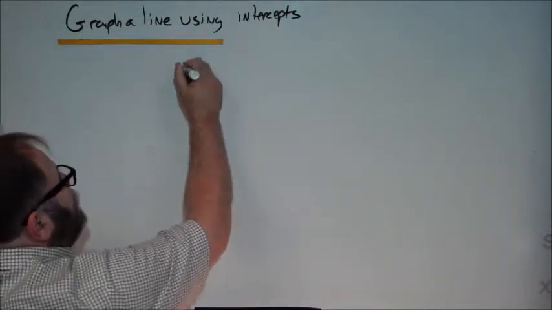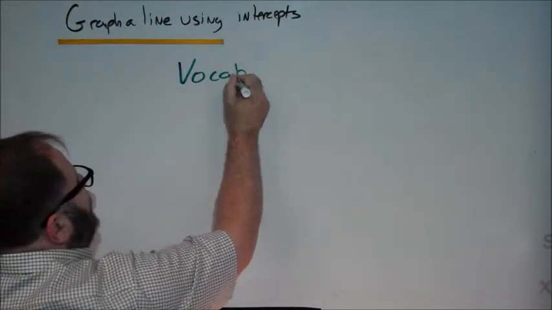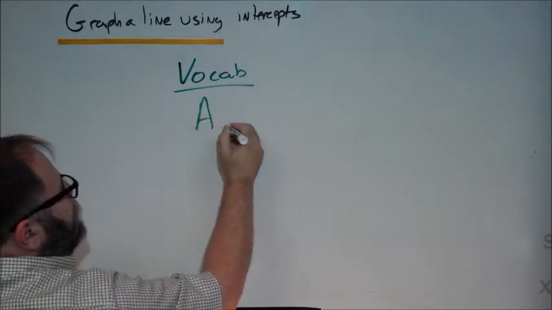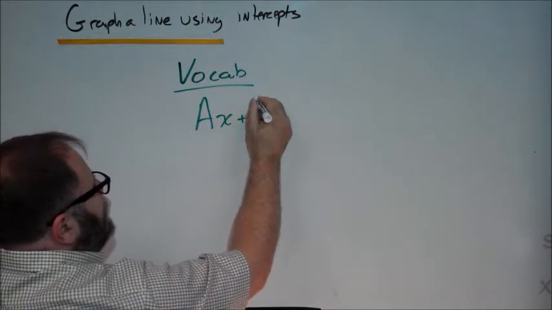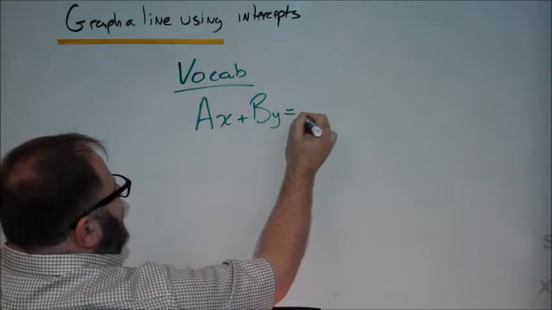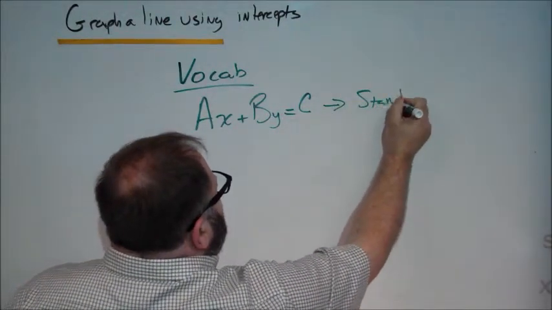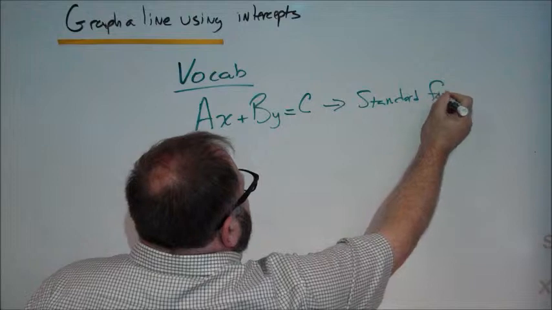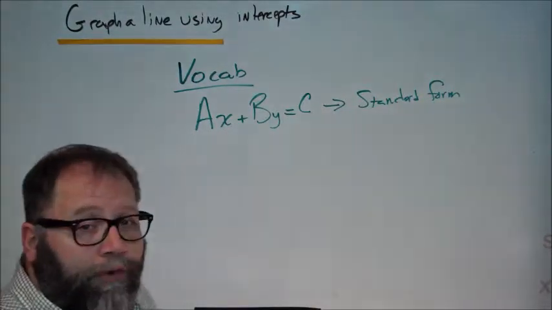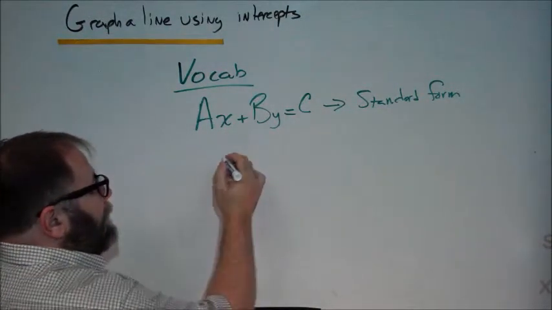Vocab. All right, let's look at the vocab. We've got standard form, AX plus BY equals C. That is standard form. It's a great form for using intercepts for graphing things.